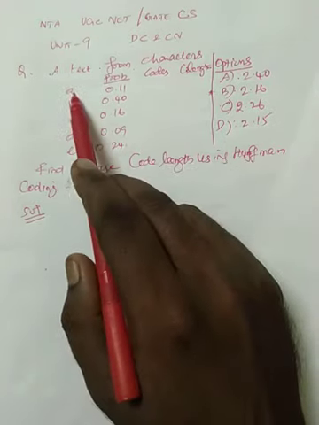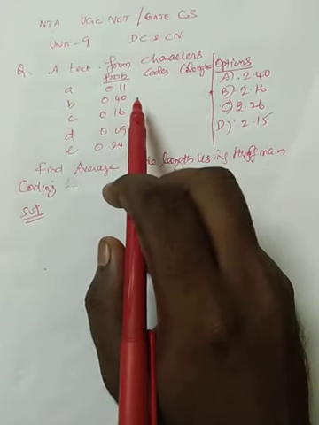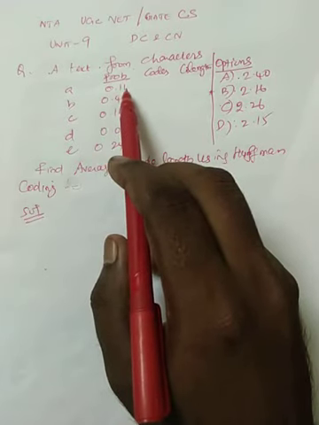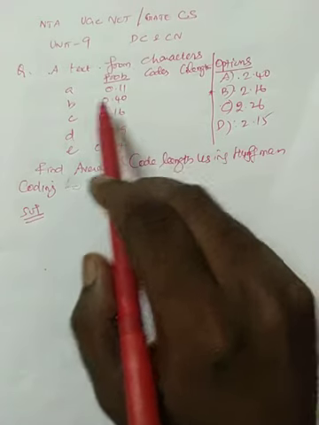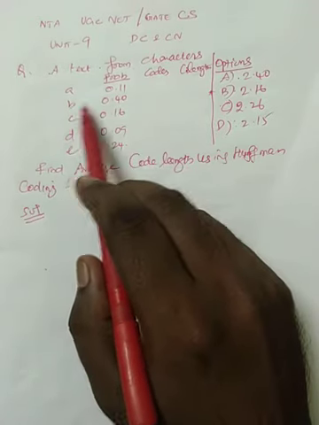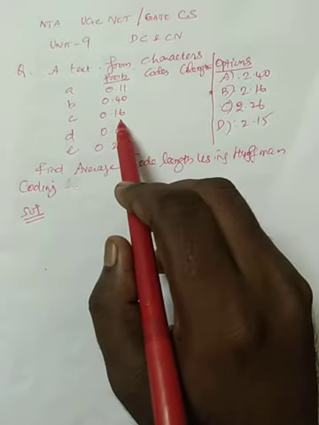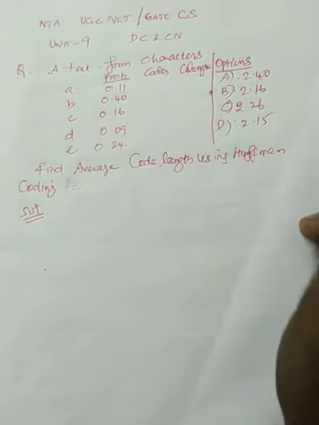Here A is 0.11, which means if I send 100 characters in a text, I am sending 11 characters as A. Like that, 40 characters with B, C 16, D 9 letters, and E 24 letters.